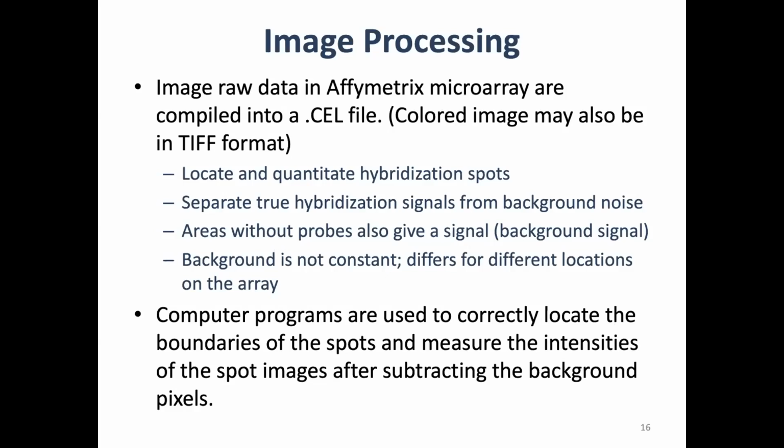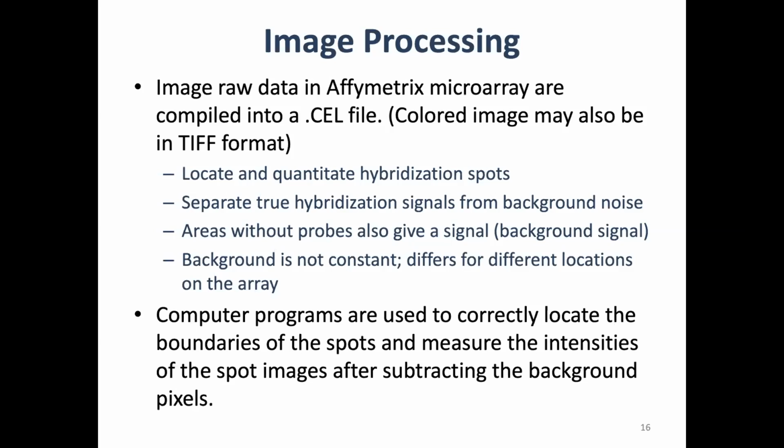The main thing after you get the image file is to locate and quantitate the hybridization spots. You want to separate the true hybridization signals from the background noise. And what is background noise? The areas without probes also give a signal, and that is known as background noise, or background signal. The background signal is not constant everywhere. It may be different in different parts of the array.